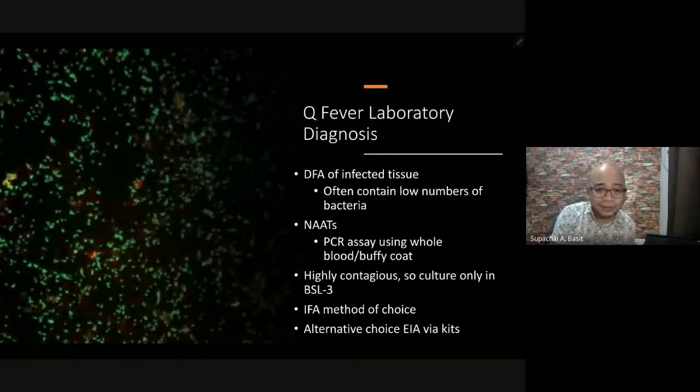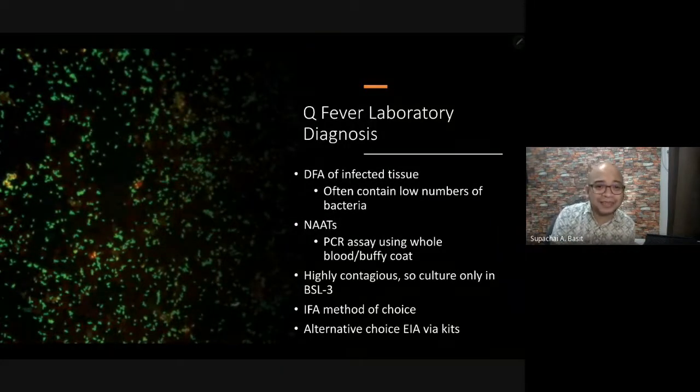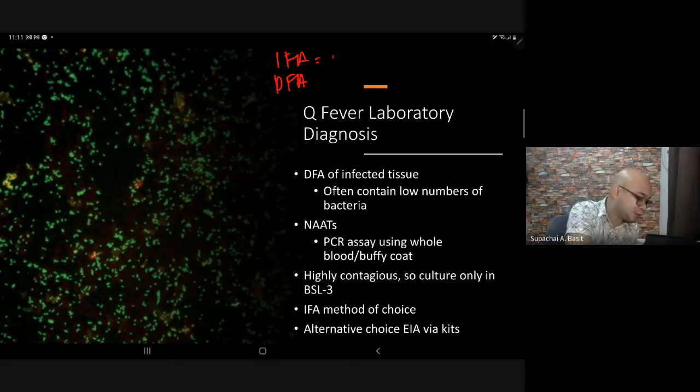So to diagnose, we can actually do the direct fluorescent assay. So what's the difference between, although I will be discussing it in IS, but let me first distinguish to you the difference between direct fluorescent assay and indirect fluorescent assay. In indirect fluorescent assay, we are detecting antibodies.